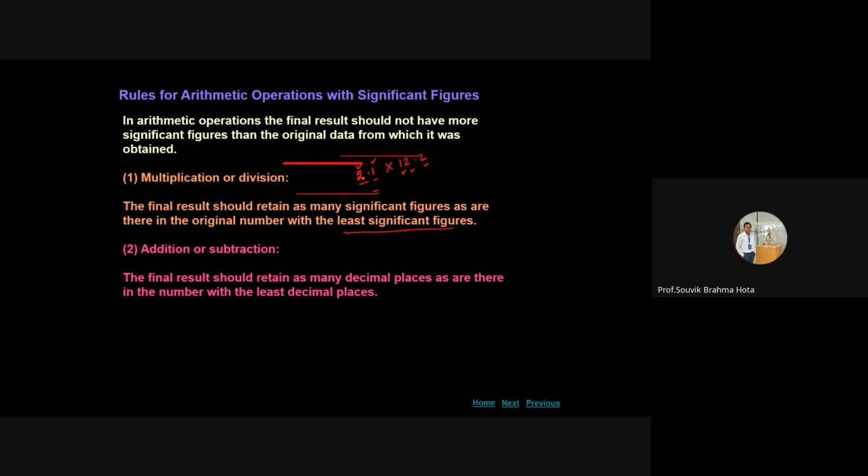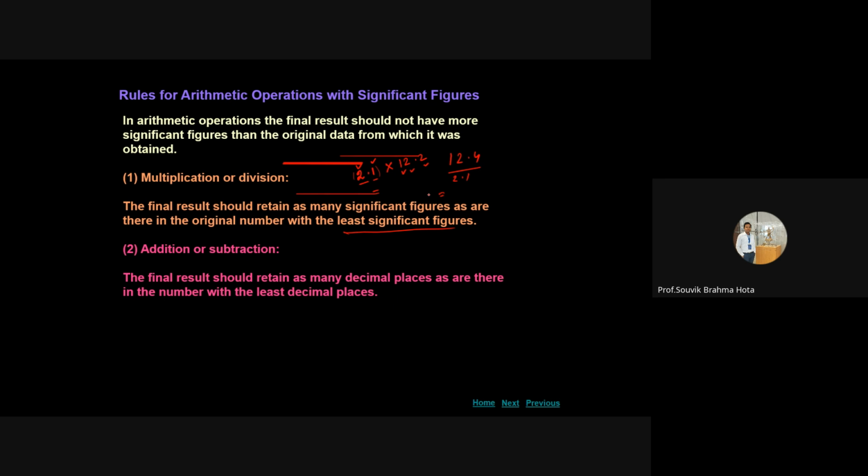That means when you multiply 2.1 by 12.2, the result should have the least significant figures of the original values you are multiplying. For division also it is the same thing. Suppose you are dividing 12.4 by 2.1, the result should have two significant figures.